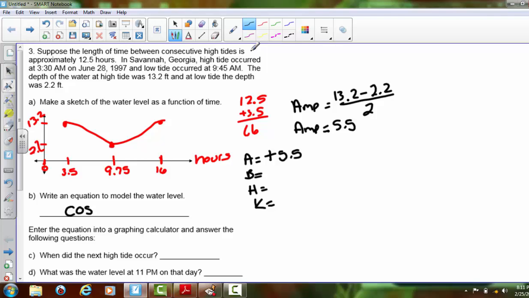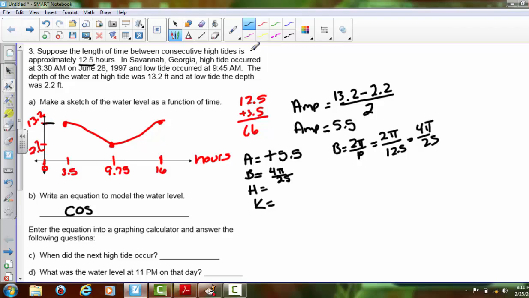B value is going to be found from 2 pi divided by P. P is the period, which is 12.5 hours. So this would be 2 pi divided by 12.5, which is 4 pi over 25. H is the shift from the y-axis.